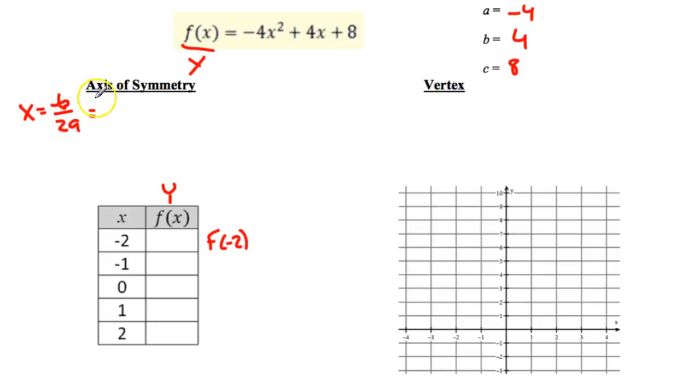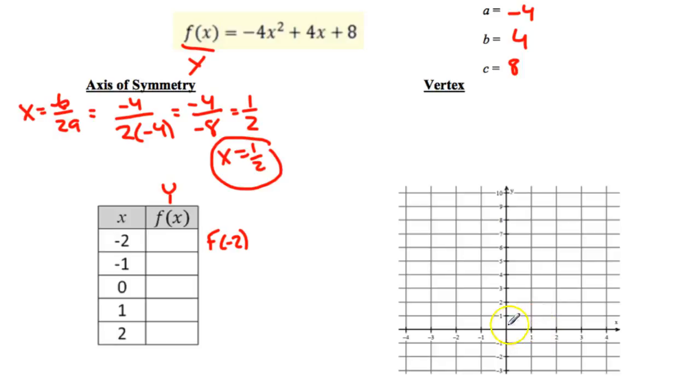So my b is 4, so it becomes -4 over 2, and what was a? A is -4. All right, so when I simplify, it becomes -4 over -8, and that simplifies to 1/2. So my axis of symmetry is x equals 1/2.